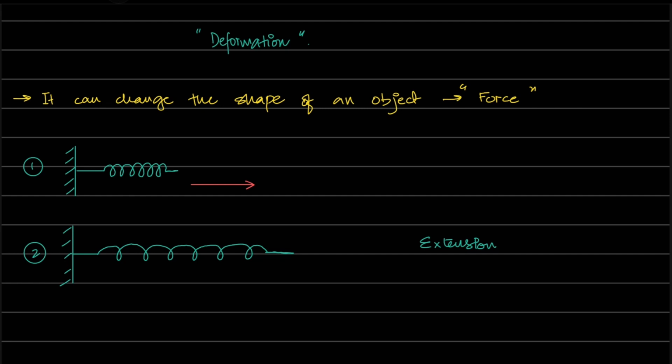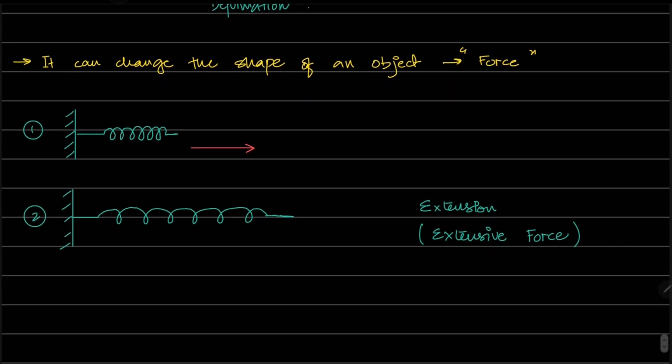So this is what extension is, this is what an extensive force is. You can also write that here. When we've got an extensive force, you will see that there's an extension in the spring, right?